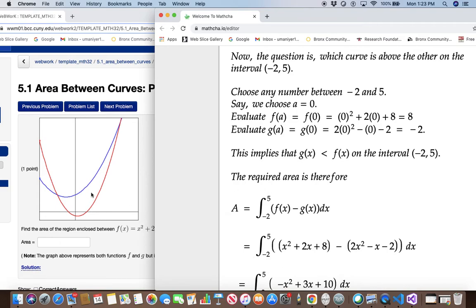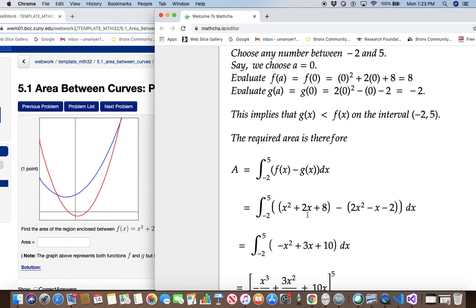So therefore the required area is the integral from negative 2 to 5 of the higher function f minus the lower function g. We have simply rewritten the expression x squared plus 2x plus 8 for f, and g(x) is 2x squared minus x minus 2. Be mindful of taking the subtraction. When you take subtraction, you need to write parentheses.